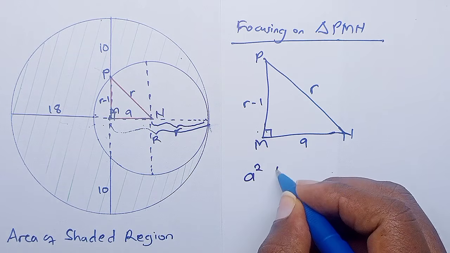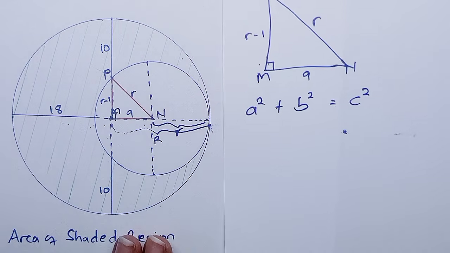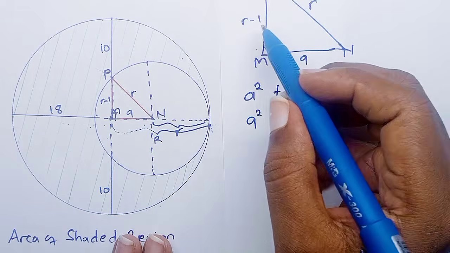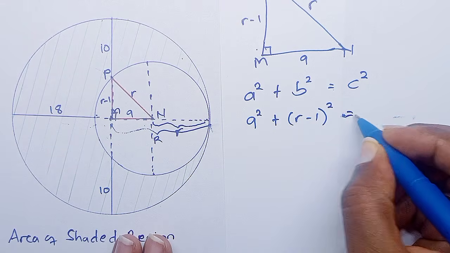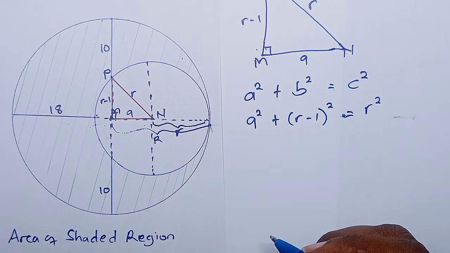So A squared plus B squared is equals to C squared. And our A is 9, so 9 squared plus our B is R minus 1. So R minus 1 squared is equals to our hypotenuse, which is R. So R squared.